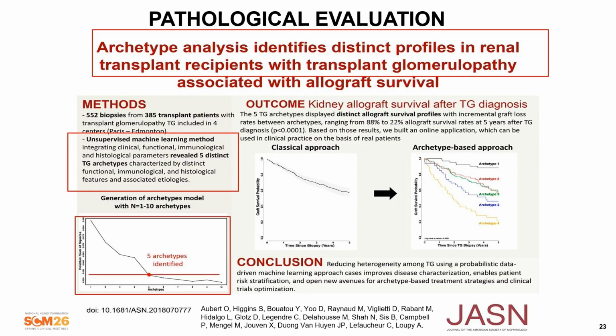Another example is using unsupervised learning to understand transplant glomerulopathy, which is chronic antibody-mediated rejection, right?